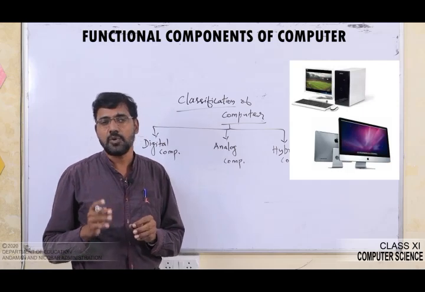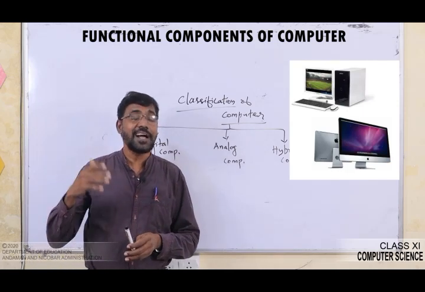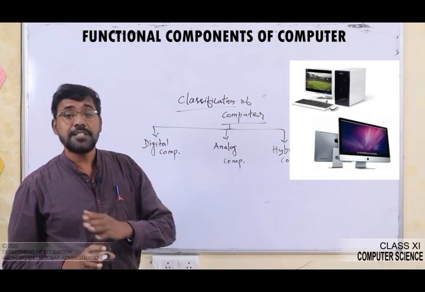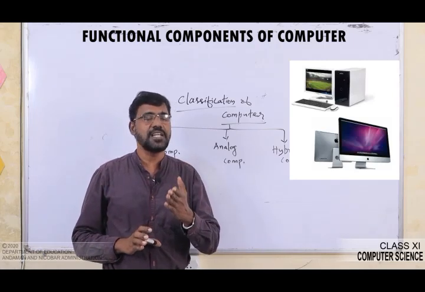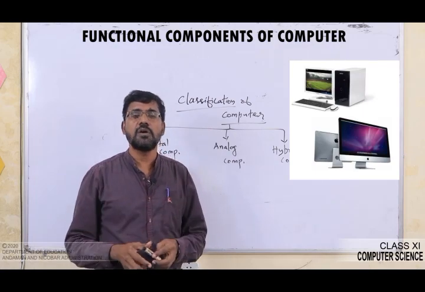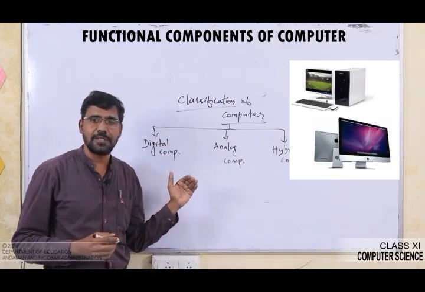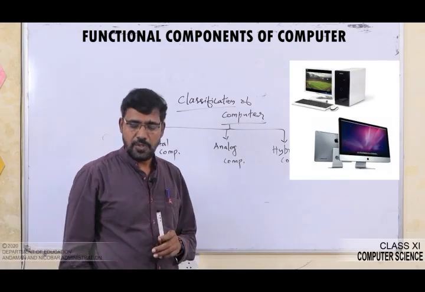Digital computers compute by counting and adding operations. They are used in industrial, business and scientific applications. They are quite suitable for large volume data processing, which will be done by the digital computer.